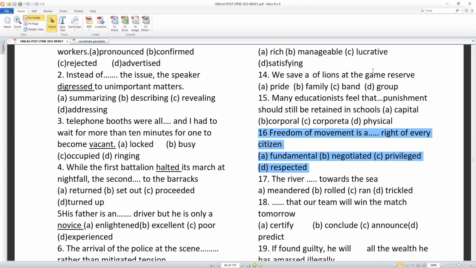Among all fundamental human rights, which one is the most primary right that is peculiar to every citizen? Right to life. Are you sure? What about security?